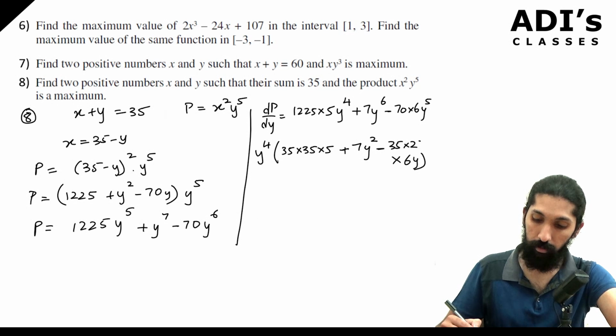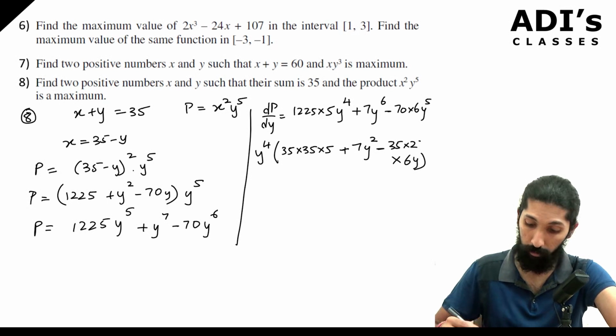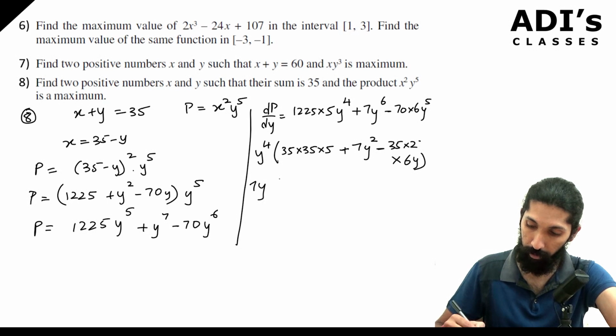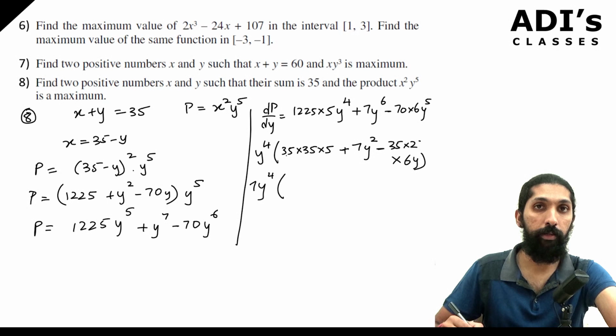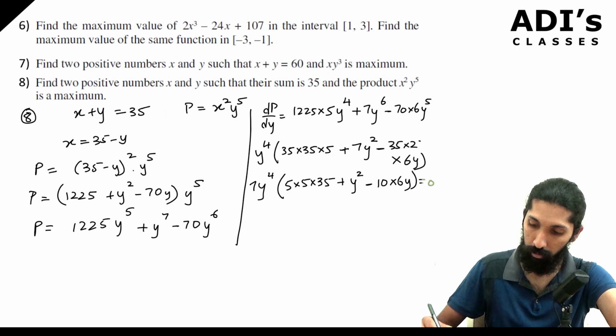You're taking it common. You can take 7 common, that's the only thing you can take common. So 7y power 4 into 5 into 5 into 35, plus y square, minus 5 into 2, 10, into 6 into y, is equal to 0.